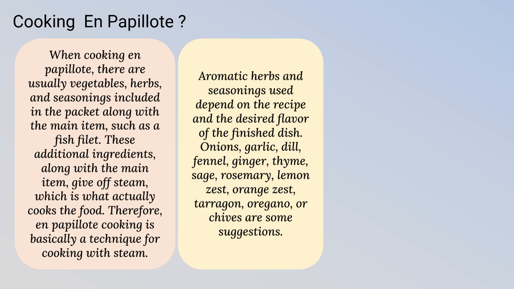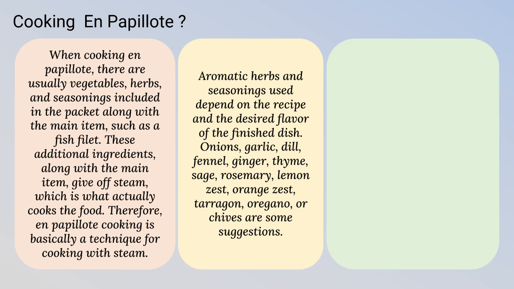Onions, garlic, dill leaves, fennel, ginger, thyme, sage, rosemary, lemon, the lemon zest you can also use, orange zest you can use, tarragon, oregano, or chives are some of the suggestions. These are the herbs or assorted ingredients you can use for a papillote.